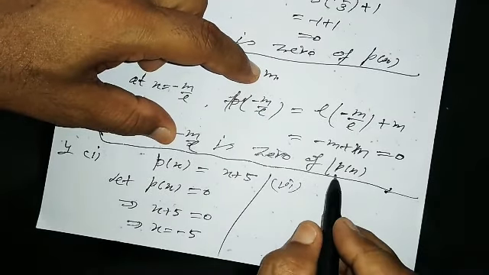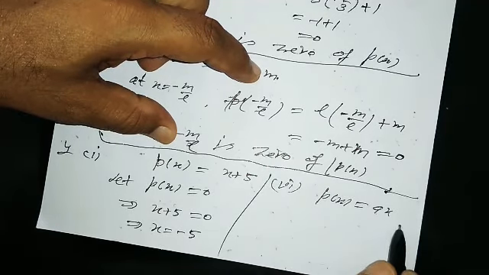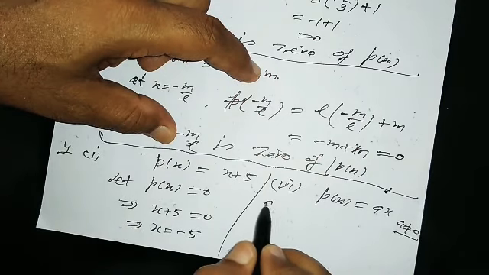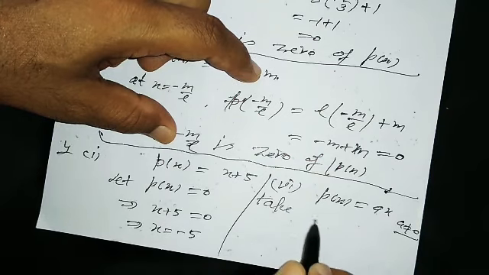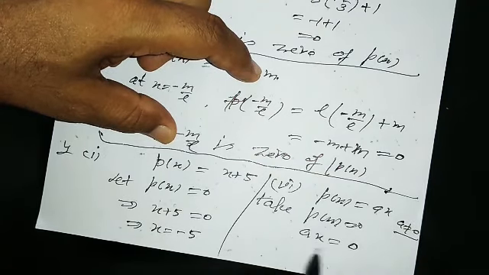One more part we can take: p(x) = ax, where a is not equal to 0, this is the condition. So I say take p(x) = 0, that is ax = 0.